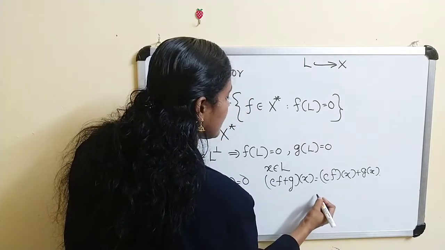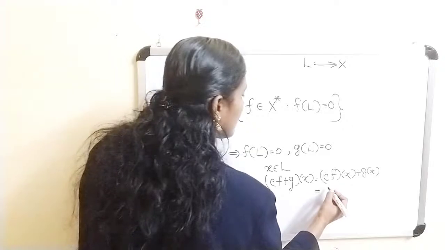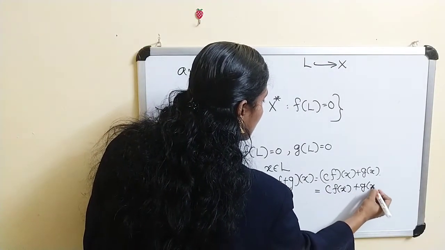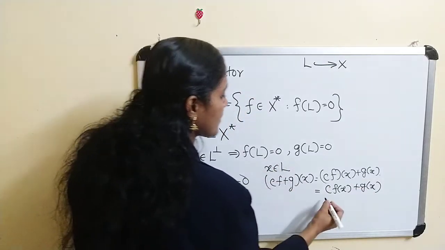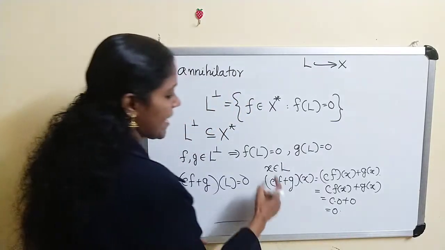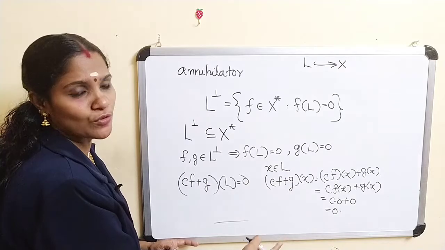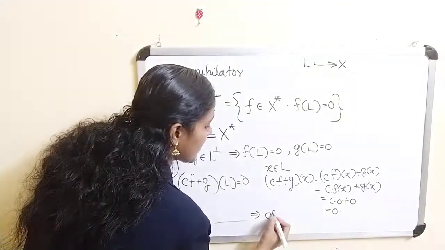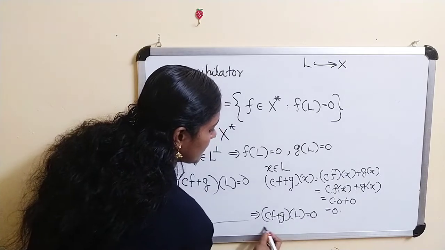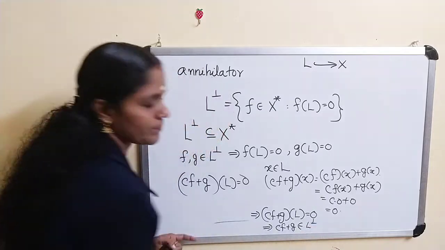And this is equal to C times f of x plus g of x. X belongs to L, f of x equal to 0, g of x is also equal to 0, therefore this is equal to 0. As x is arbitrary, we can say Cf plus g of x equal to 0 for every x belongs to L. This implies Cf plus g of L equal to 0. This implies Cf plus g belongs to L perp.